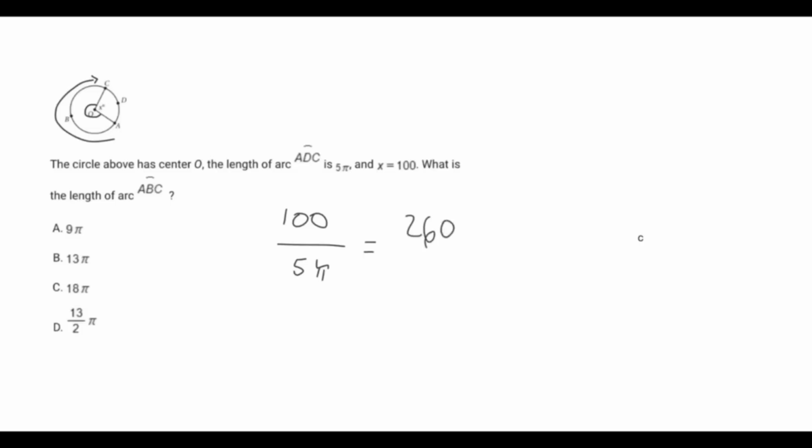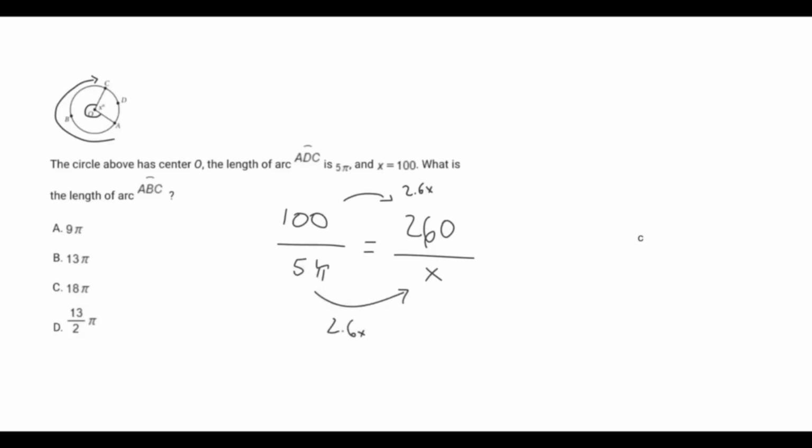And so now we can pretty easily figure out what our length of arc ABC is by just finding this corresponding value, right? To do this, we can just find the scale factor actually, right? So from 100 to 260, that is a scale factor of 2.6x, or 2.6 times. And so for the same thing on the other side, to keep this ratio constant, we also have to multiply this by 2.6.